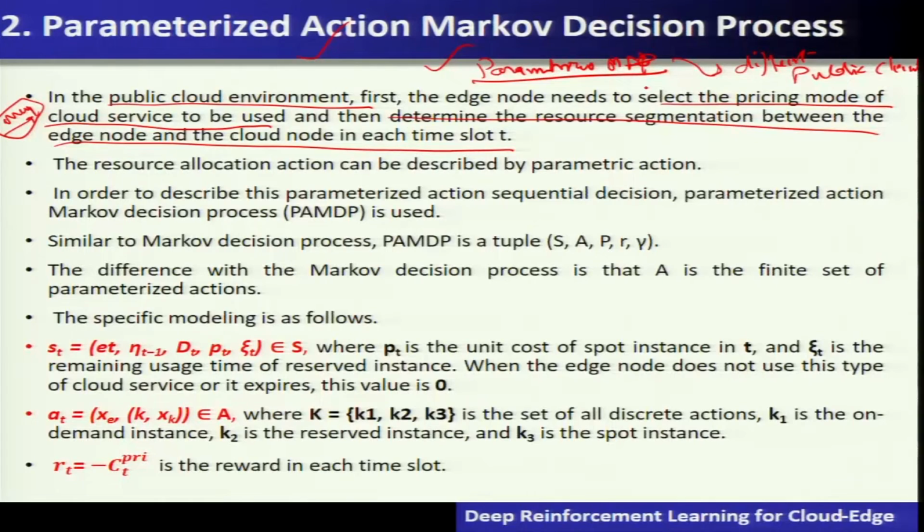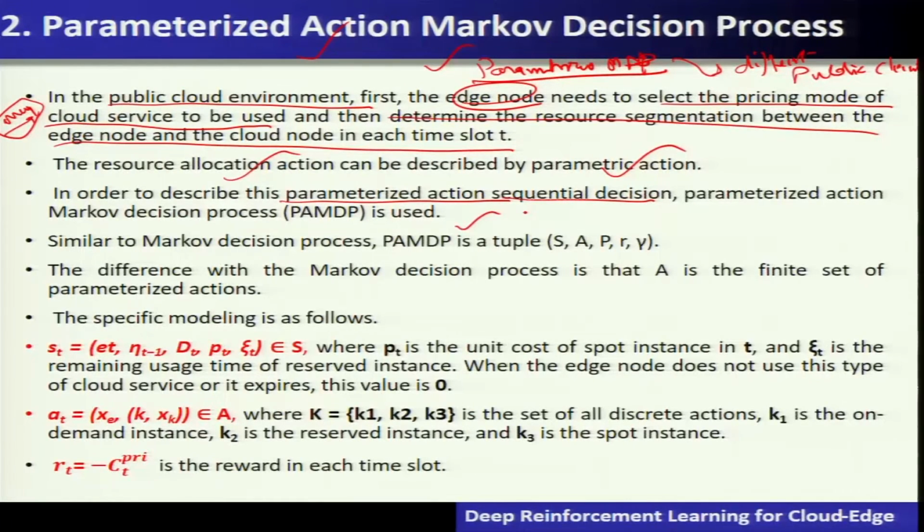So let us understand about this. The resource allocation action, because this has to be the action of an edge node, can be described by a parametric action. So the action will become parameterized in this case of the parameterized Markov decision process. In order to describe this parameterized action, a sequential decision parameterized action Markov decision process is used.